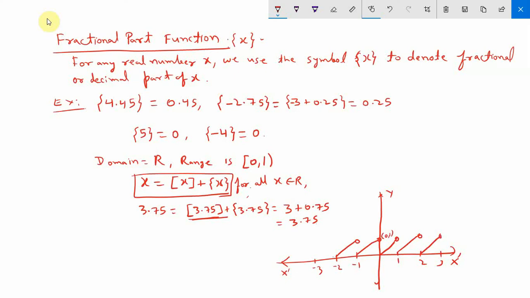Then next we will see signum function. So let me clean this. Okay, so what is a signum function?